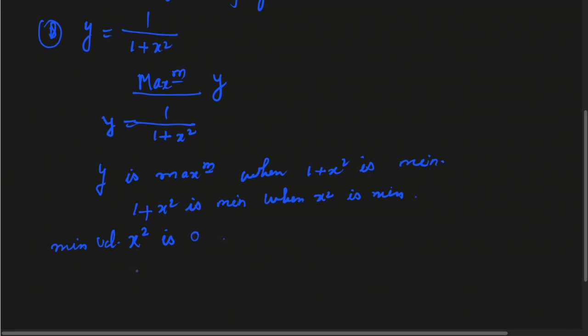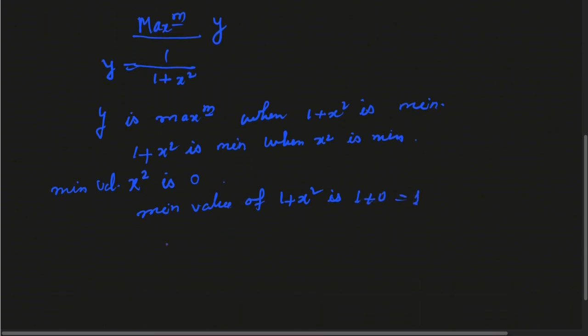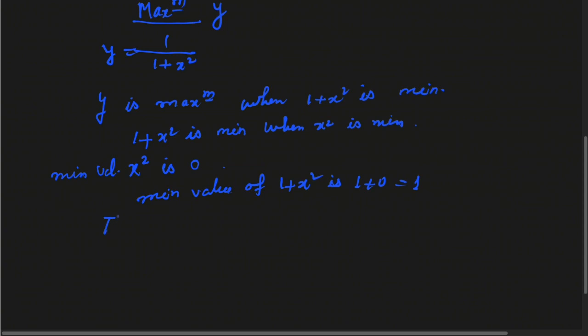This means the minimum value of 1 plus x square is 1 plus 0, that is 1. Therefore, the maximum value of y is 1 upon 1 plus 0, that is 1 itself. So the maximum value of y is 1.